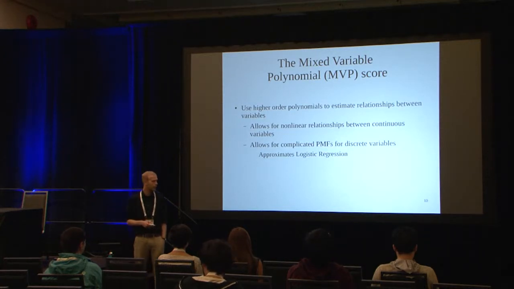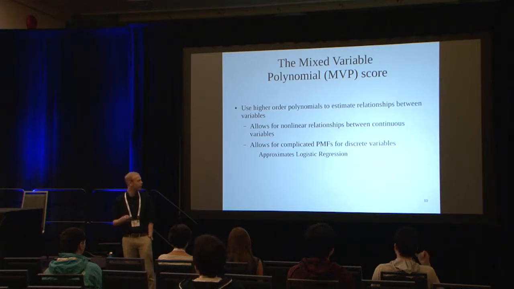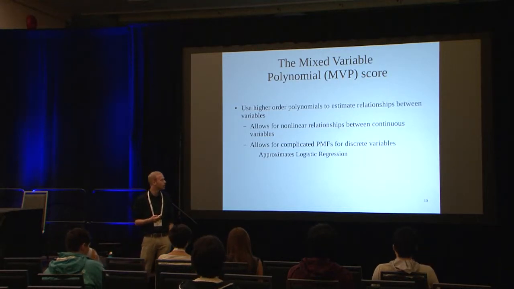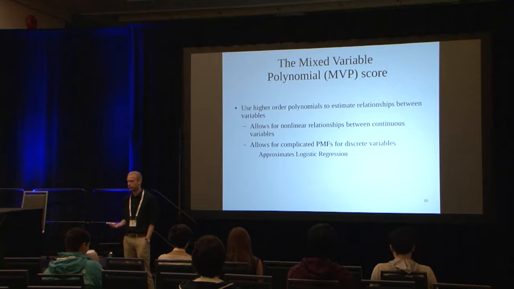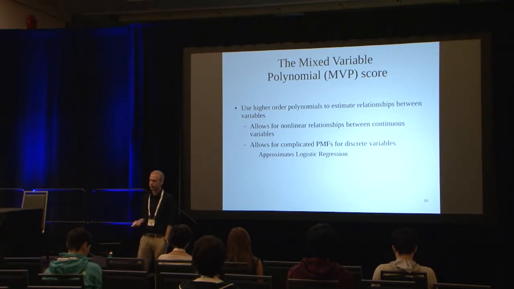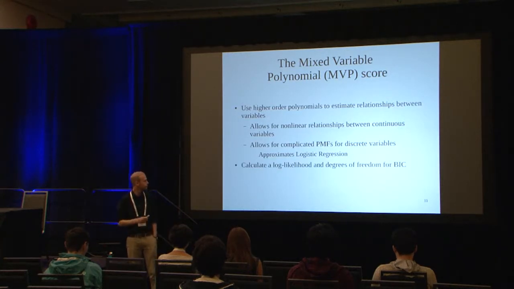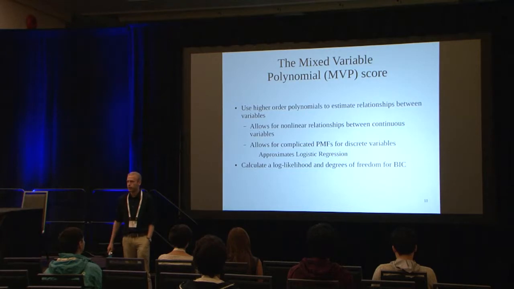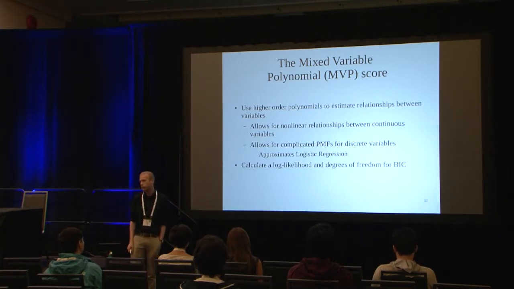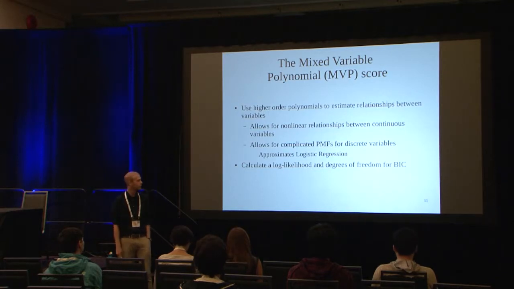And in the discrete case, we can approximate conditional probability mass functions using these polynomial functions. Essentially, to give you an intuition, we're approximating logistic regression, or multinomial logistic regression. After we have these approximations, we can calculate log likelihoods and degrees of freedom, and then score using the Bayesian information criterion.